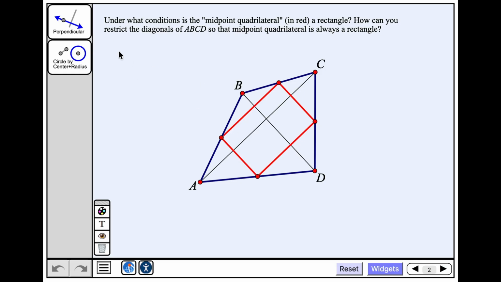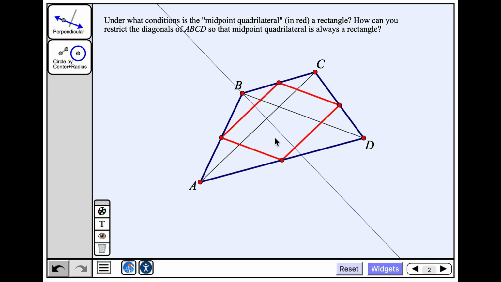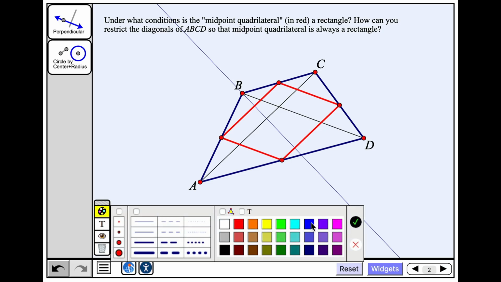I want to construct a perpendicular to the diagonal AC. So I'll click on the perpendicular tool. I have a segment glowing. I'm going to attach that to AC. And now I am going to attach this point that's glowing to point B. So what have I done here? I have constructed this line, which I will make a different color.